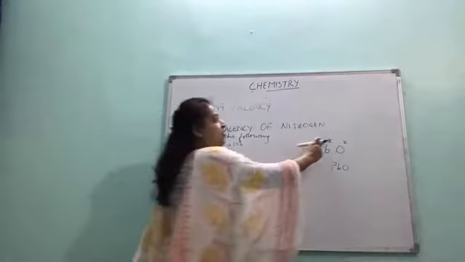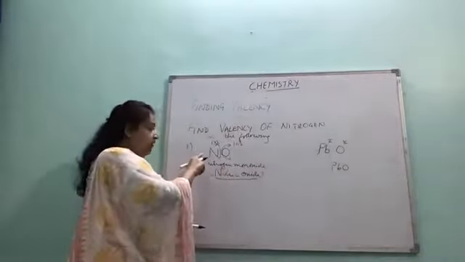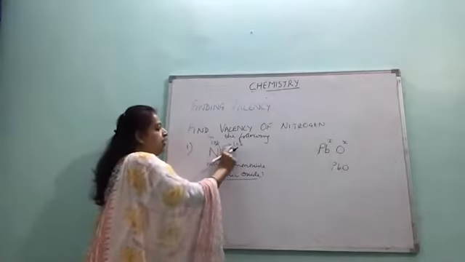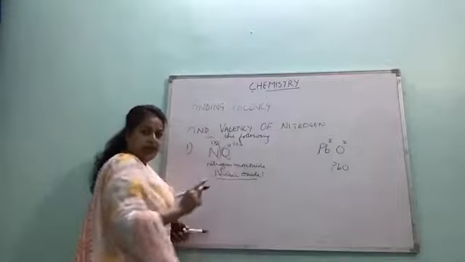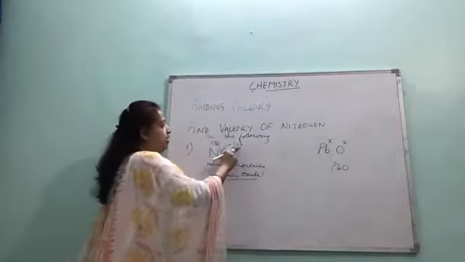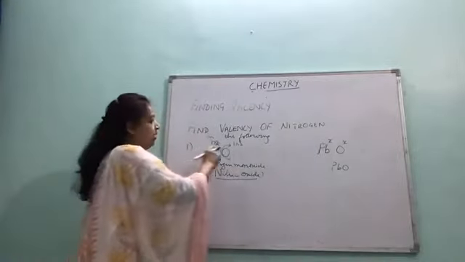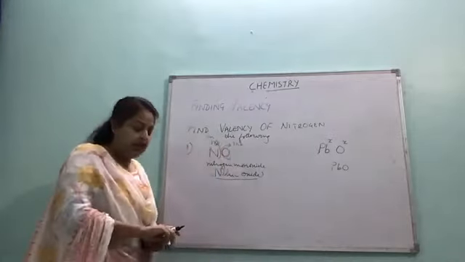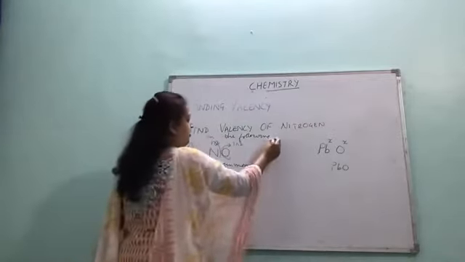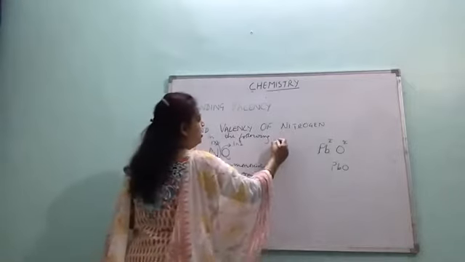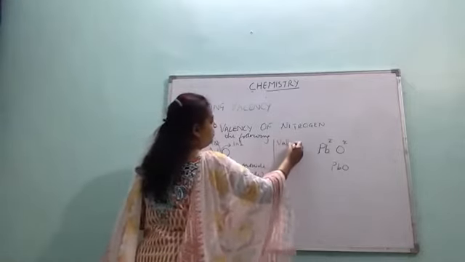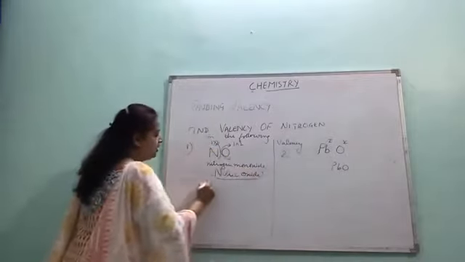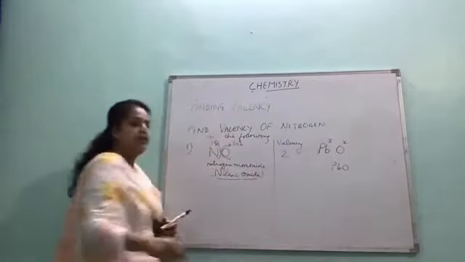When we crisscross we get oxide as 1, but oxide is never 1, it is 2, so we multiply by 2. Now that makes oxide 2, and what is the valency of nitrogen in nitric oxide? Children, what is the valency? It is 2. Got it? Is it clear?